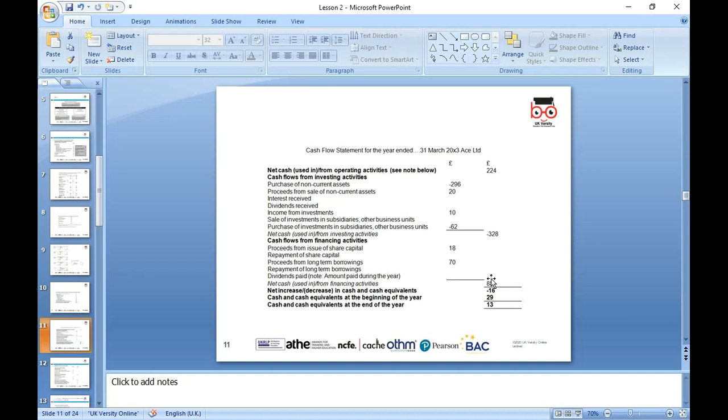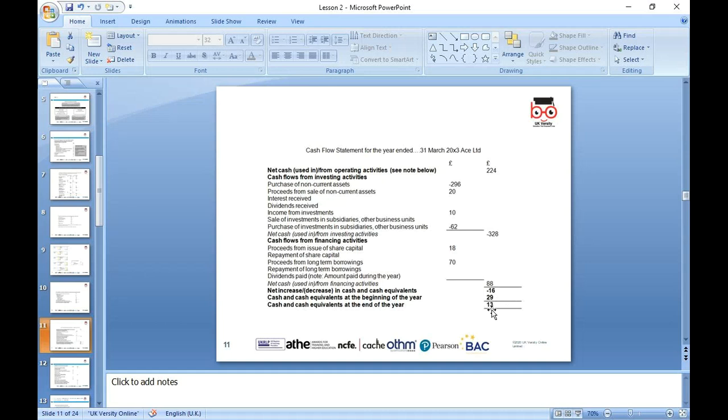So total cash in is positive. So 224 plus 18 minus 328, we have a negative cash flow, and the net increase or decrease is 16,000, a decrease. At the opening, we have a cash balance of 29. So negative and positive, there is a net 13.